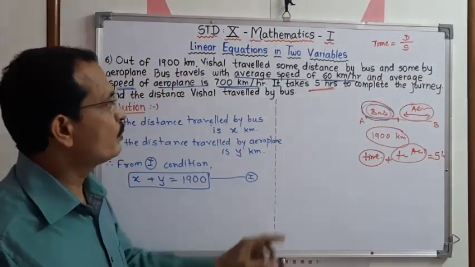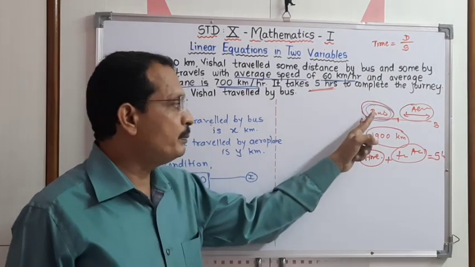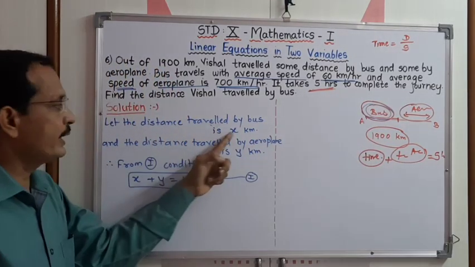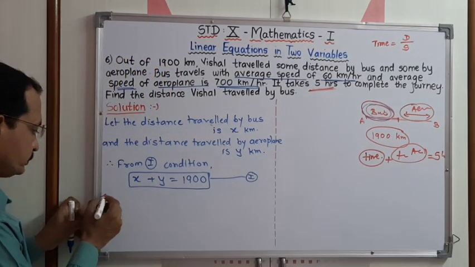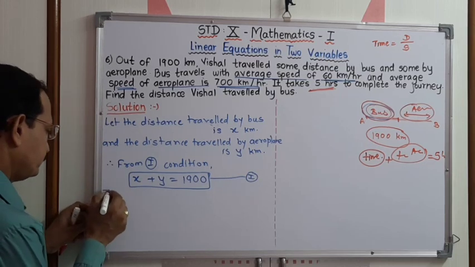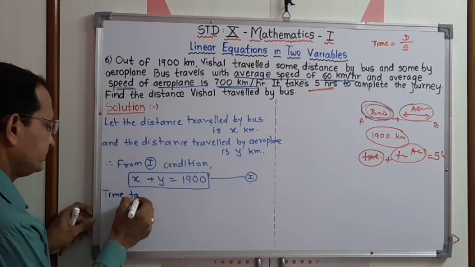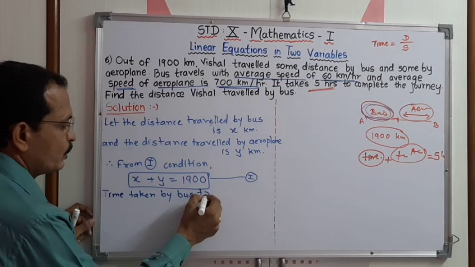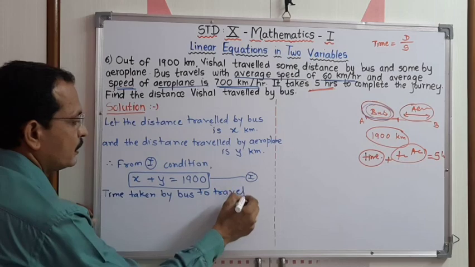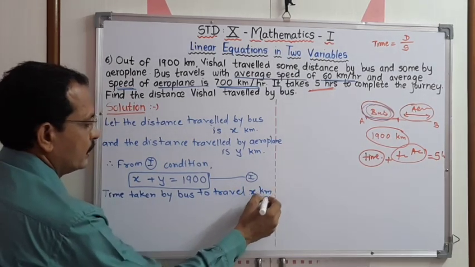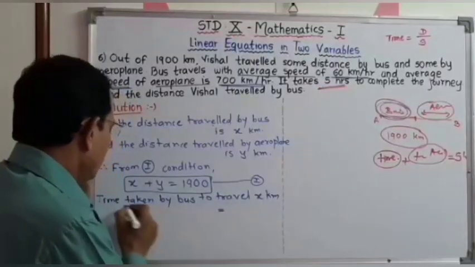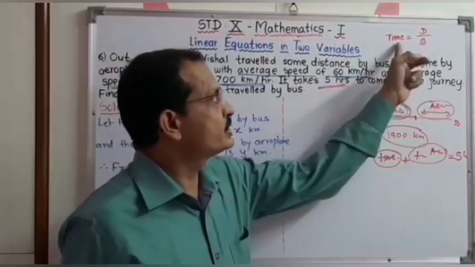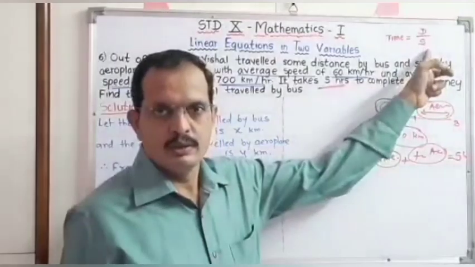We have to use this formula, time is equal to distance upon speed. Now what do we have to find? The time taken by bus to travel how many kilometers? x kilometer. Therefore time taken by bus to travel x kilometer is equal to distance upon speed.